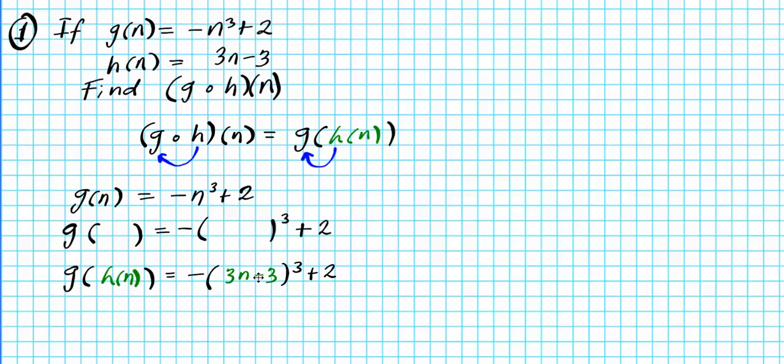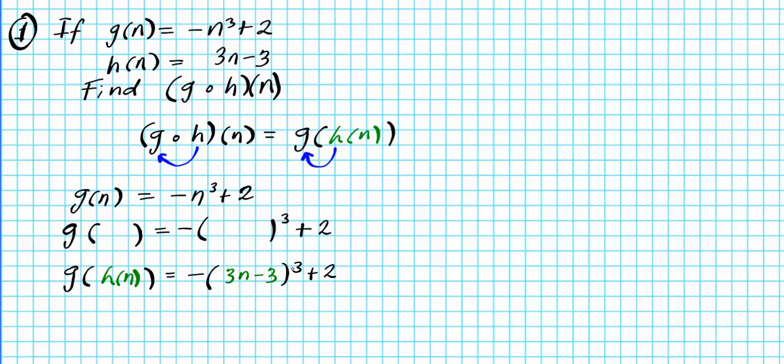Now, one mistake that students make is they distribute the power into these two terms here, like that and then like that. That's inaccurate. You don't distribute an exponential value across sums or differences, only products and quotients. So what are we to do next?